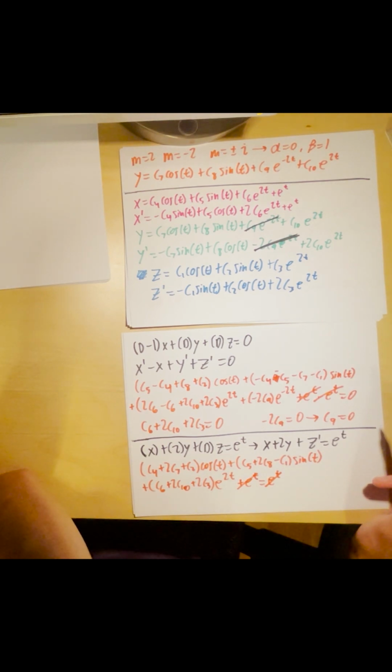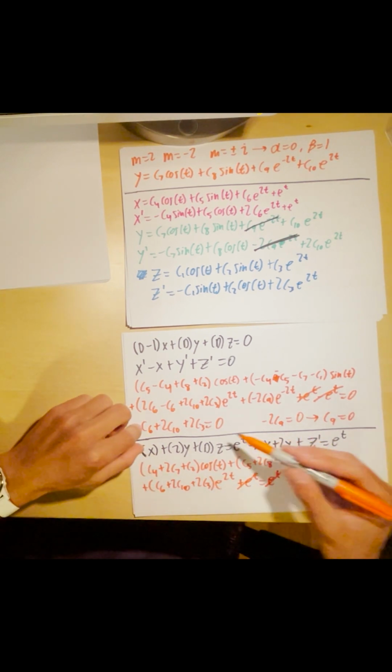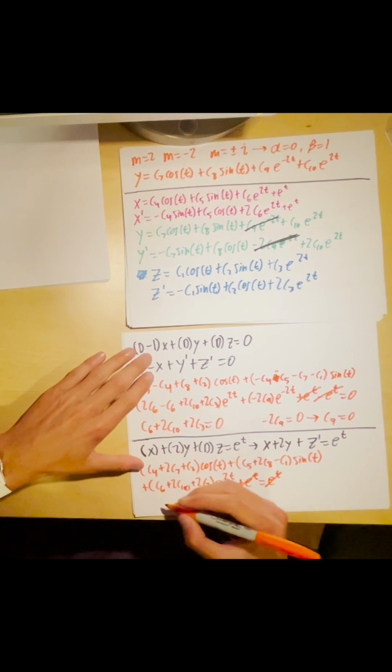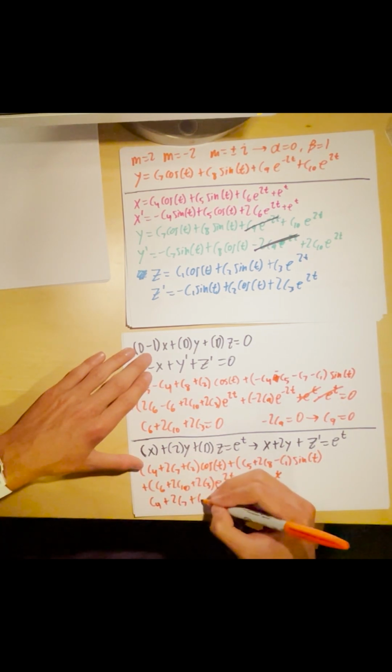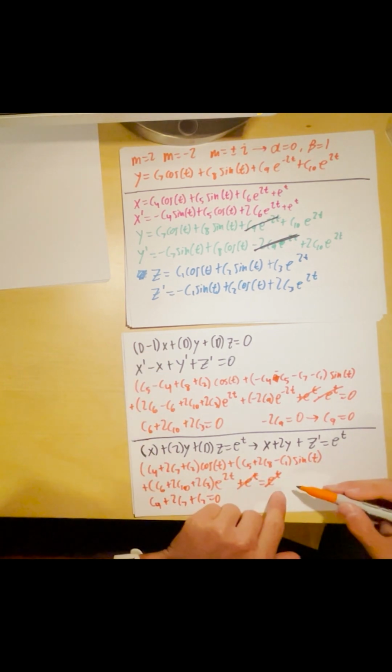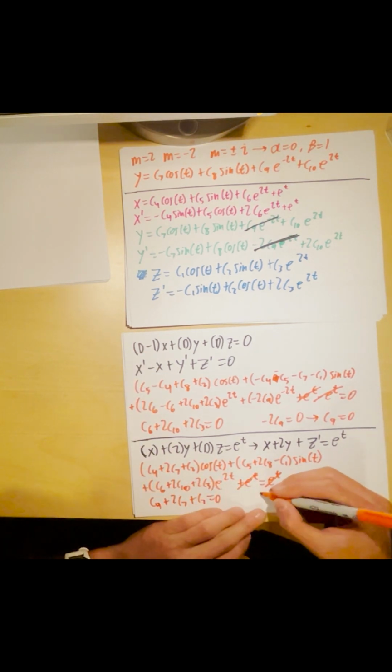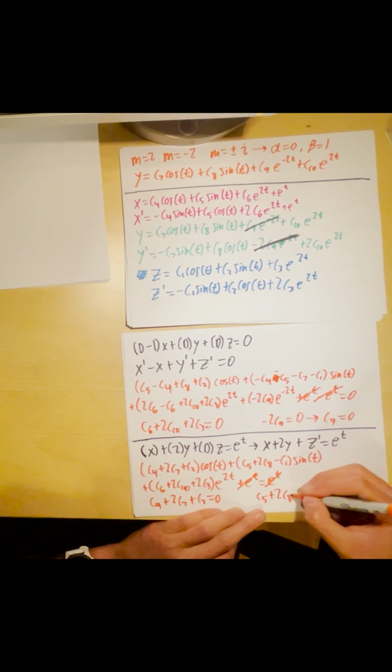So I'm not going to worry about this. We already have it written down here. I'm going to write c4 plus 2c7 plus c2 equals 0, since there is no cosine term here. Same thing with sine. c5 plus 2c8 minus c1 equals 0.